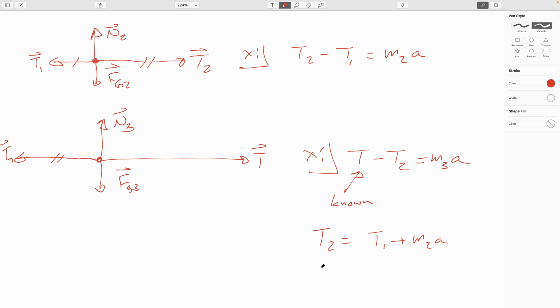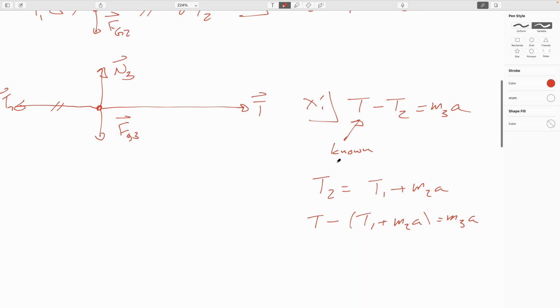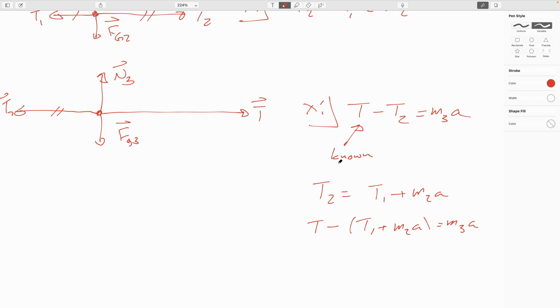We can stick that into the third one, so we'll have T minus T1 plus M2A equals M3A. And then from here we have that T1 is M1A, so we can put that in to get T minus M1A plus M2A equals M3A.